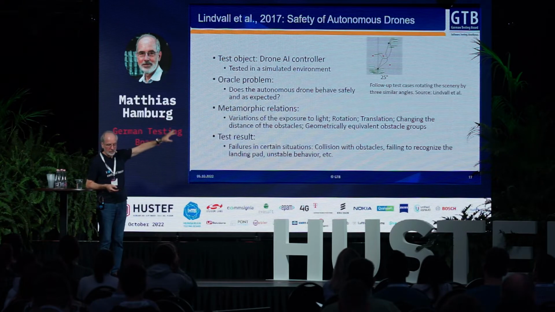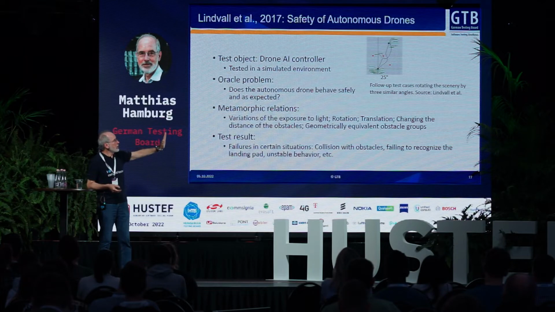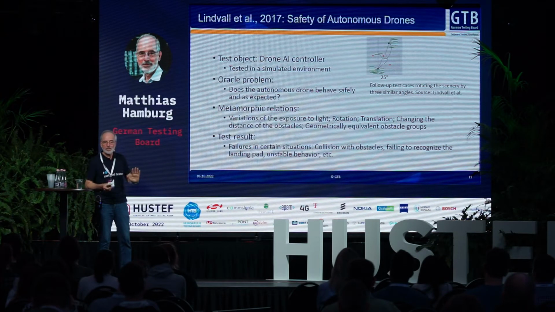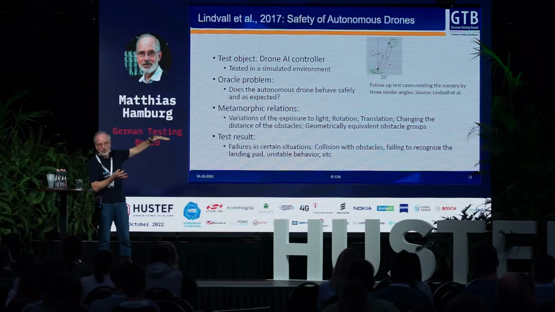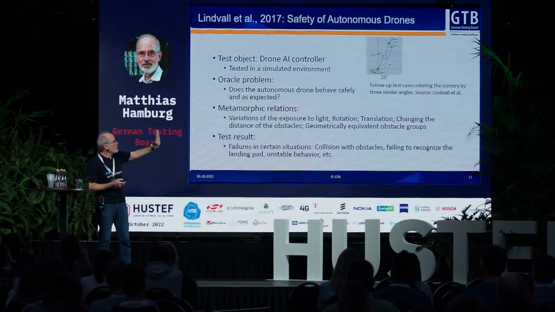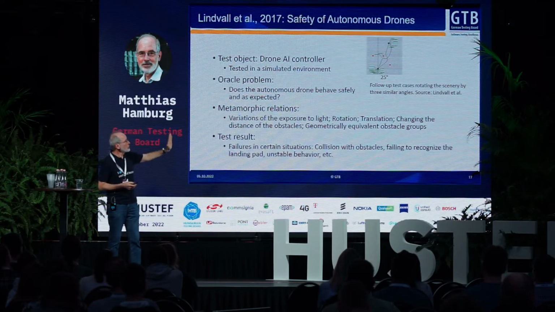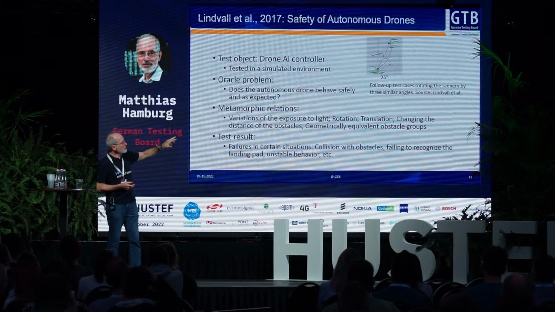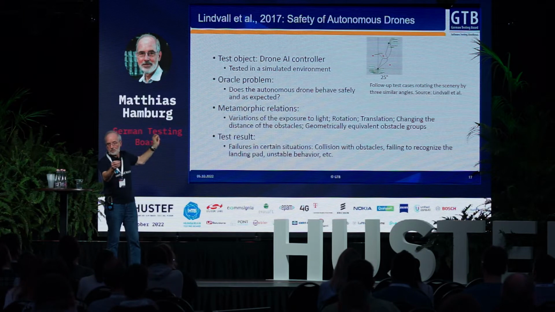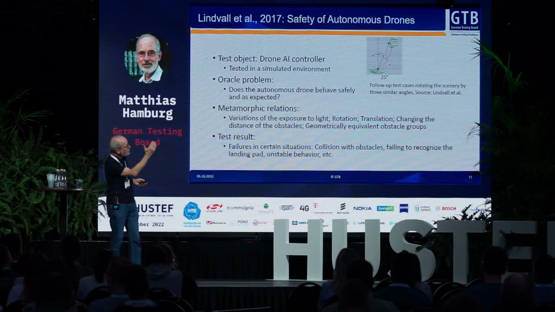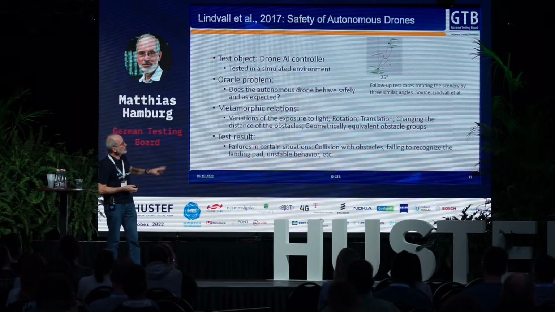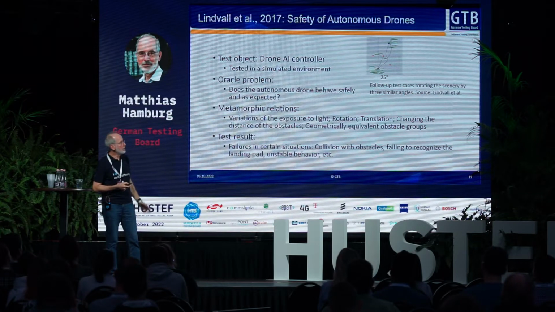And let me show you one example here. I don't want to go into the details, but in this example, the source test case is a flight to the north. This is already a follow-up test case which has been rotated by 25 degrees. But in the source test case, you fly to the north to a destination, and you have an obstacle in the middle and two on both sides. And the drone is avoiding the obstacle by turning right around the obstacle.